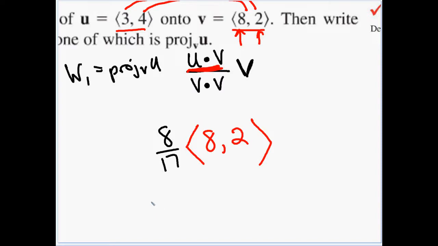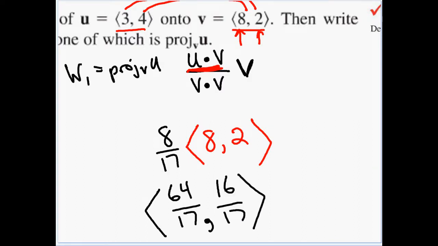So let's see what we get there. 64 17ths, comma 16 17ths. So that is our vector component 1. I guess I'll squeeze it up here. 64 over 17, comma 16 over 17.